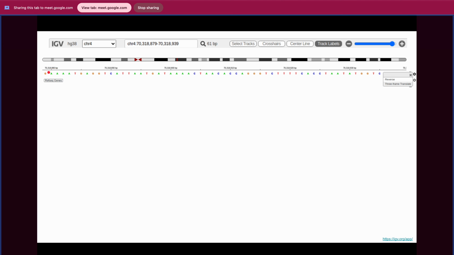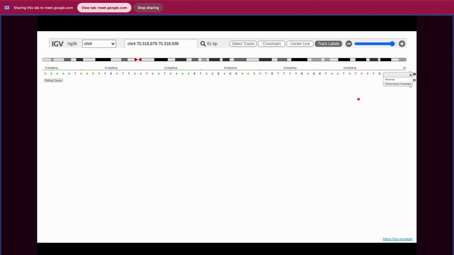The position 879 is from this G, and then all the nucleotide sequences are mentioned till the end coordinate, which is hidden here. Now this will only tell you about the DNA sequence.